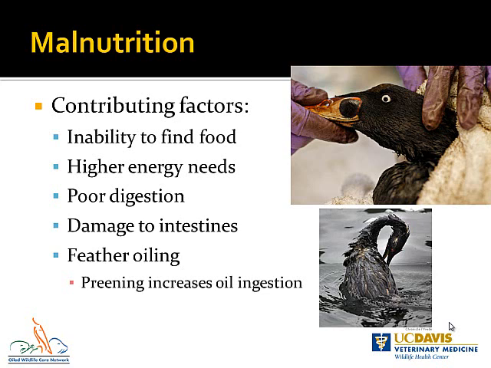Poor digestion. This is also a byproduct of the internal damage already being caused by these petroleum products. Damage to the intestines as well, and of course, feather oiling. Preening, like I said at the beginning, is going to increase the chances that they're going to internalize some of these products.